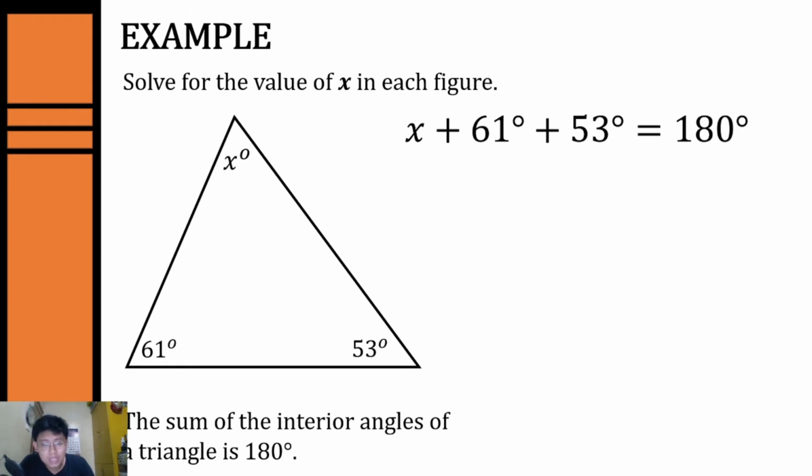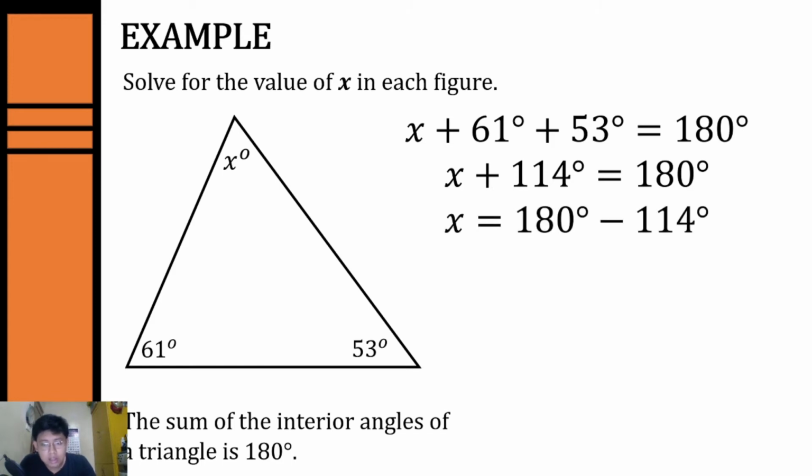We have x plus 61 degrees plus 53 degrees is equal to 180 degrees. Let's add 61 and 53, so we will have 114 degrees. Let's transpose that to the other side. Changing the sign, we have x is equal to 180 degrees minus 114 degrees. Simplify by combining like terms. Our value of x is equal to 66 degrees.